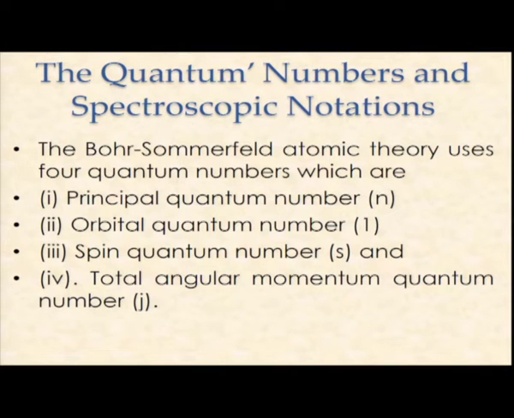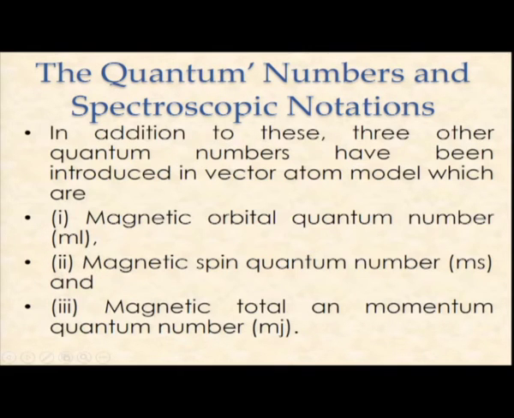Based on this vector atom model and other atom models, quantum numbers are explained in atomic physics. The quantum numbers are the principal quantum number denoted by n, the orbital quantum number denoted by l, the spin quantum number denoted by s, and the total angular momentum quantum number denoted by j.